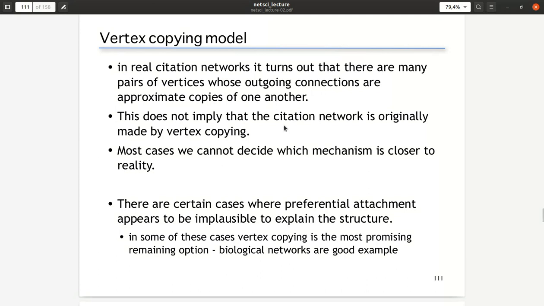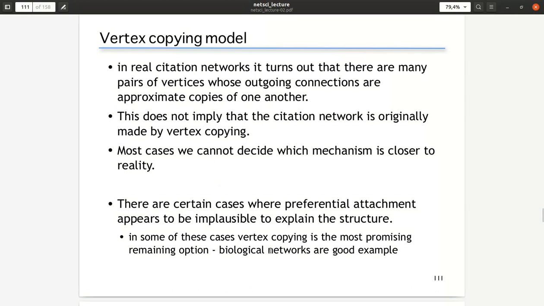So we could claim after this that maybe the citation network is a vertex copying method, but this alone doesn't necessarily imply this claim. In most of the cases we cannot decide which mechanism is closer to reality.